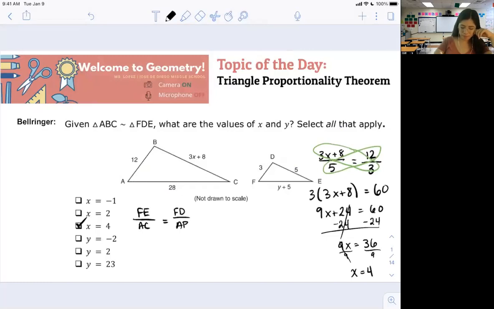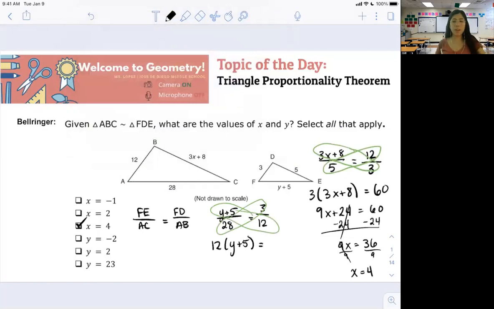So here that's going to be y plus 5 over 28 equals 3 over 12. And then same thing, we're just going to cross multiply and solve it. So this is 12 times y plus 5 equals 3 times 28. 3 times 28, what's that? 84. All right, go ahead and take a moment to solve that one.